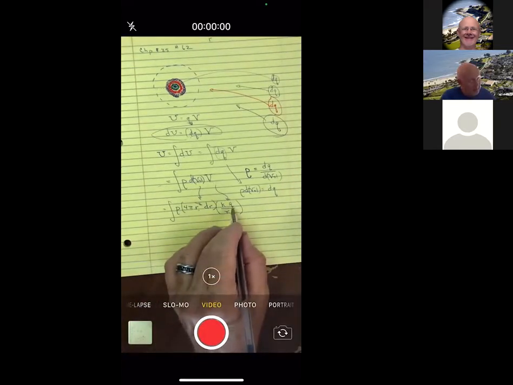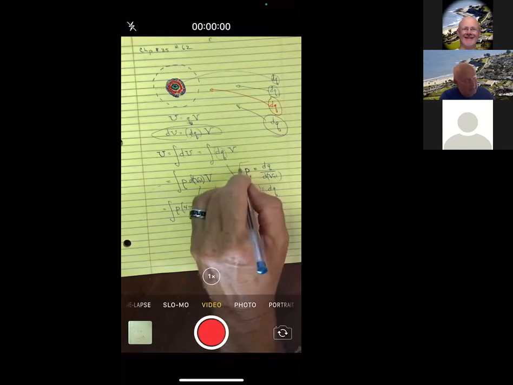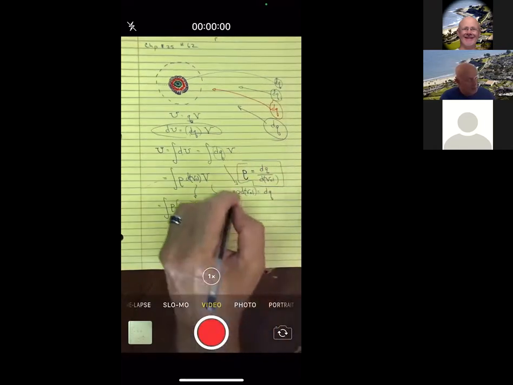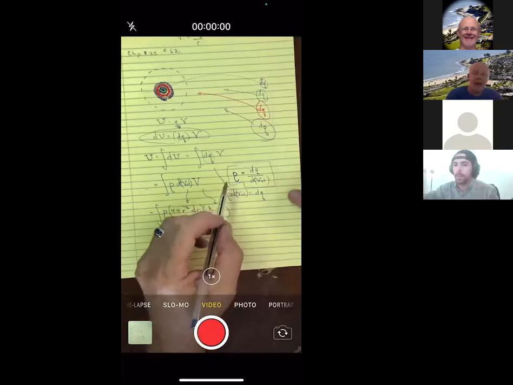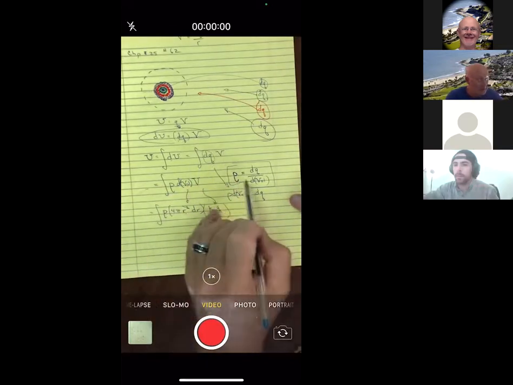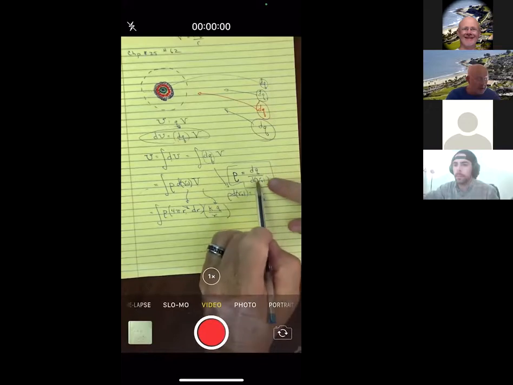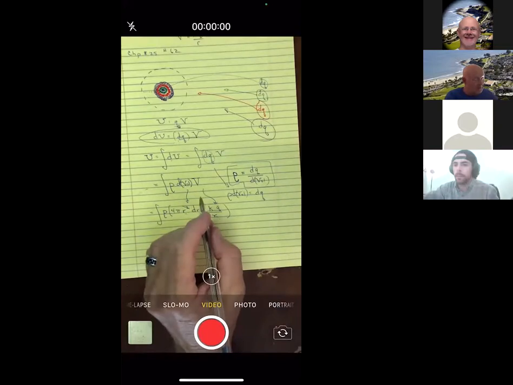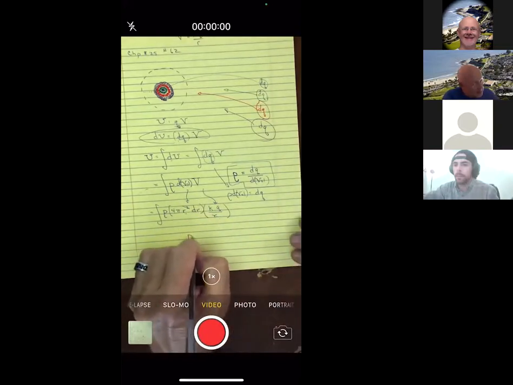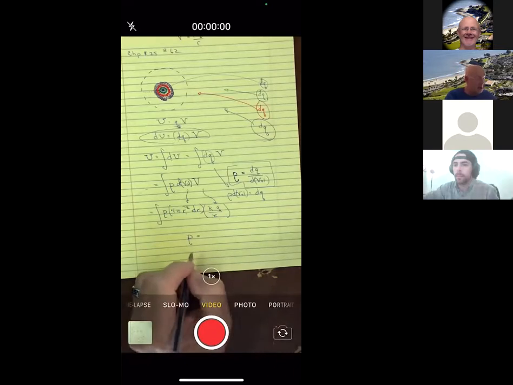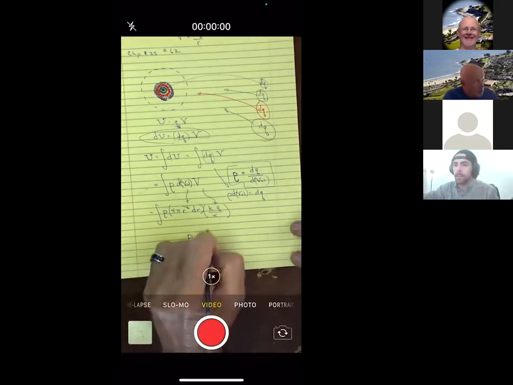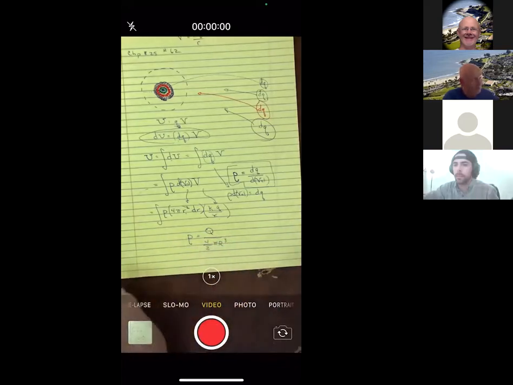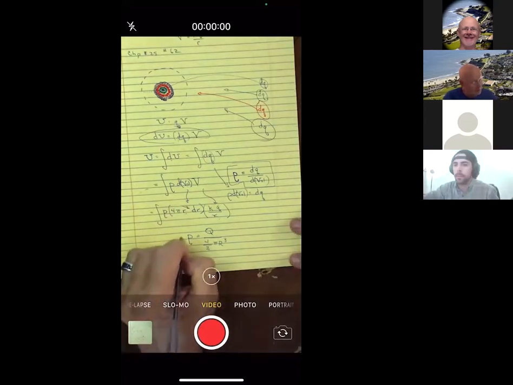And I will do something that I did here. You see, here, I said the density was the charge on the shell divided by the volume of the shell. But I could also have done this. I could say that the density is also the whole charge Q divided by the whole volume. And I will tell you that's not very useful, but it's true.